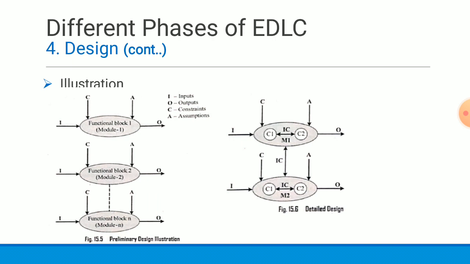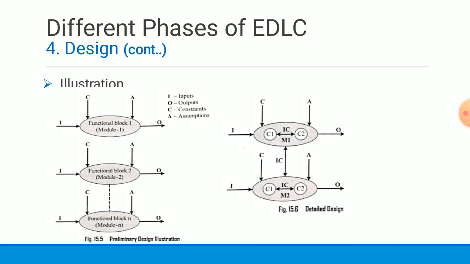Now this figure shows the illustration of preliminary design and detailed design. For preliminary design you can see the functional blocks look like a black box with only input, output, assumptions and constraints. Function block 1, function block 2, function block n, all are independent functional blocks, no communication among them and no components are defined. So that is preliminary design.